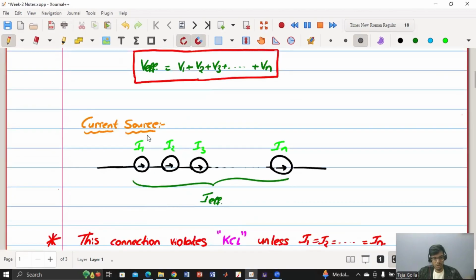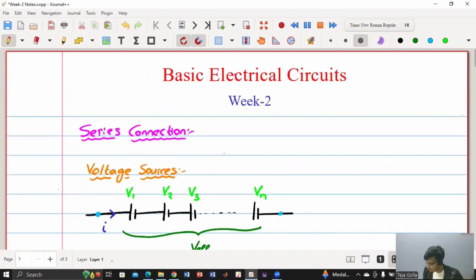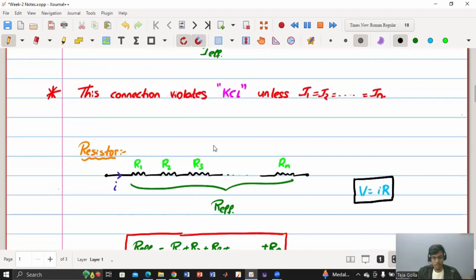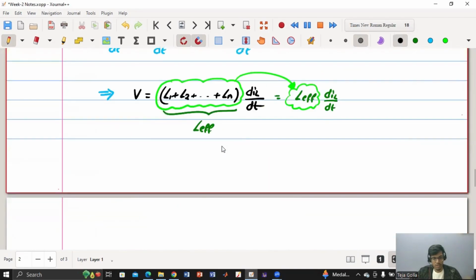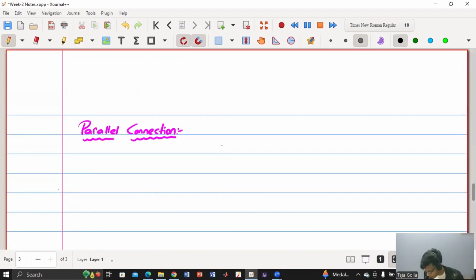I will also write it down so that it is easy for you. Series connection, current remains the same. And in parallel connection, voltage remains the same.